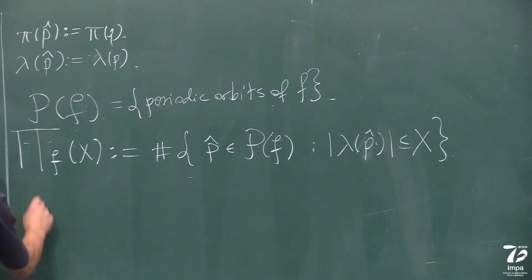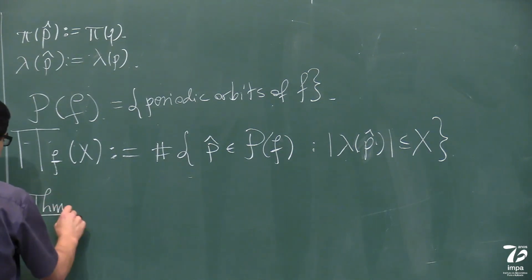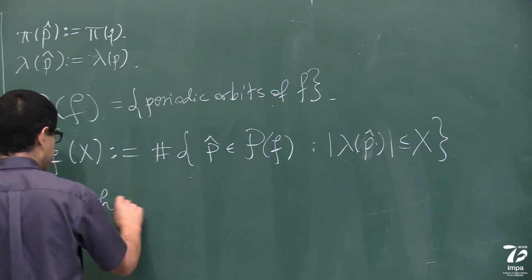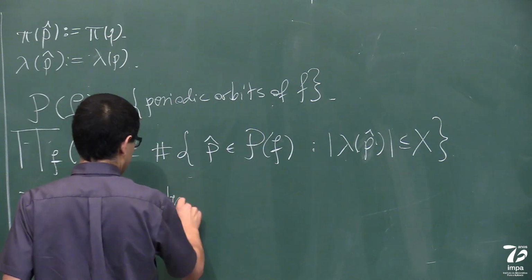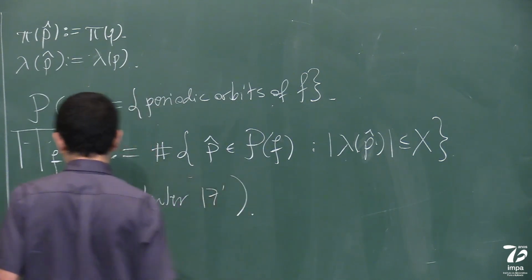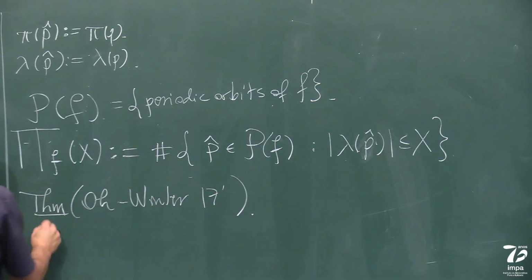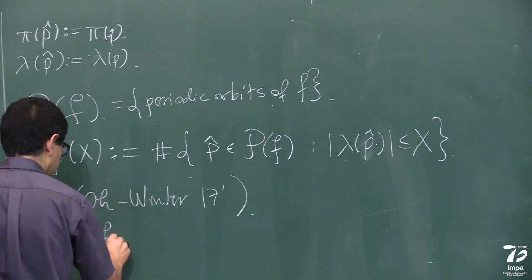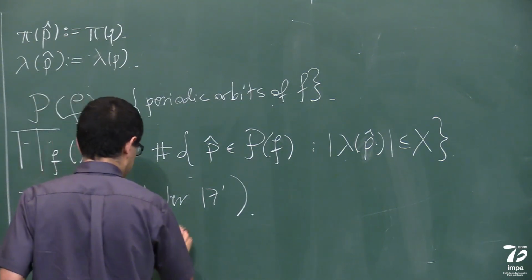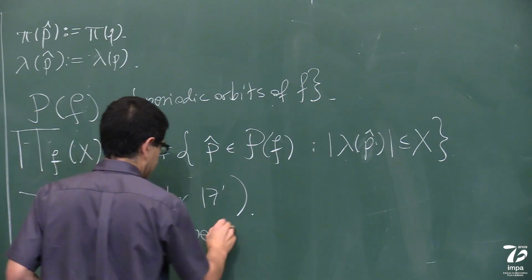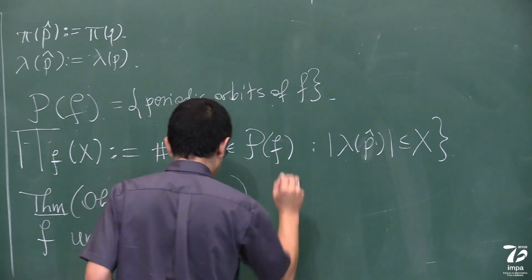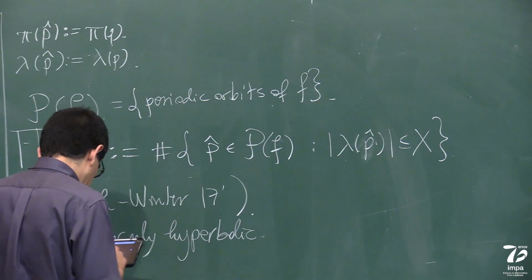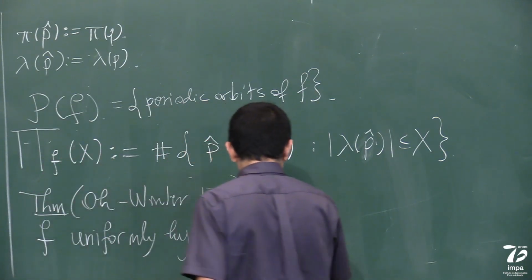Okay, so the theorem is by Oh and Winter. It's the following. Suppose that f is uniformly hyperbolic and it's not conjugate to a monomial.